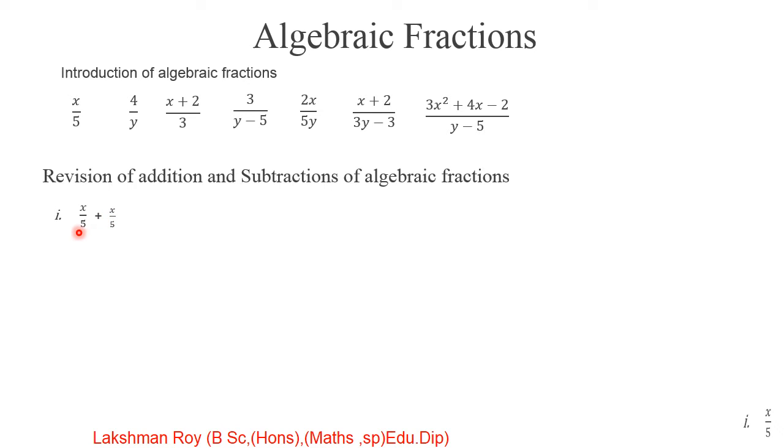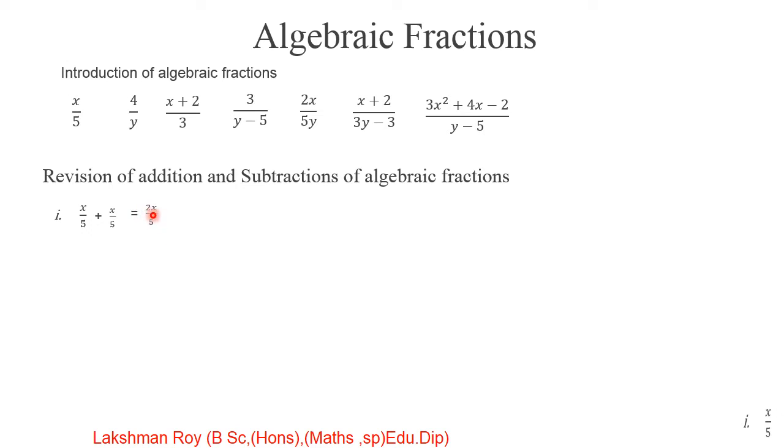So you only have to simplify the numerator. The denominator is 5, so in the answer the denominator does not change, it is 5. In the numerator you add x plus x, that is 2x. That is the answer of the addition of two fractions.